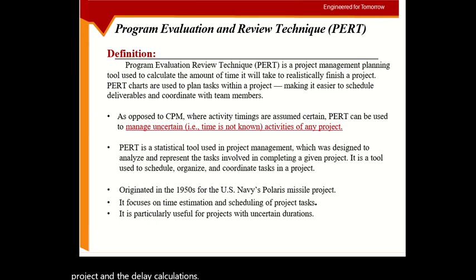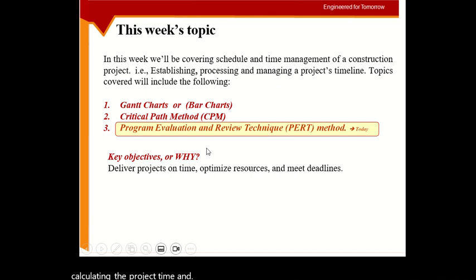As I said, it is used for calculating the project time, and there are two methods for calculating the project timeline: CPM, the critical path method, and the other one is program evaluation and review technique. PERT has CPM in it.